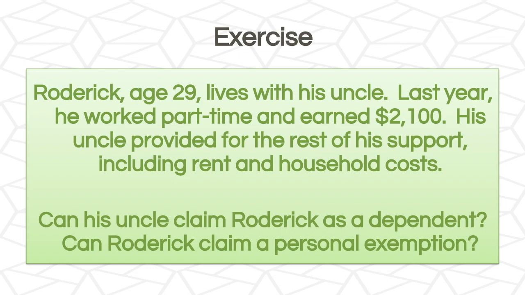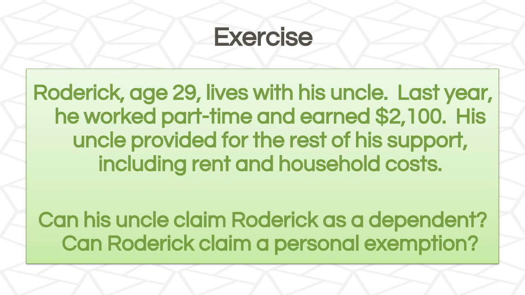So we know when we're looking at the qualifying child tests that Roderick is not under 19, he's not under 24 and a full-time student, and he's not totally and permanently disabled. So he's not going to be a qualifying child. So we're going to move on to the qualifying relative tests.